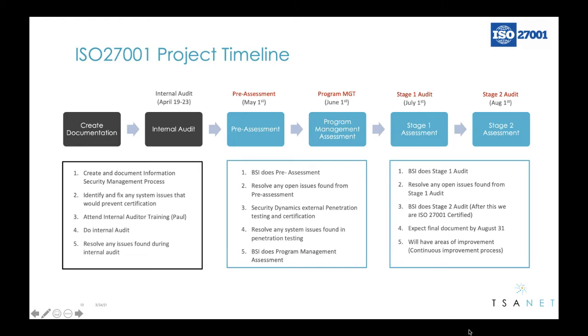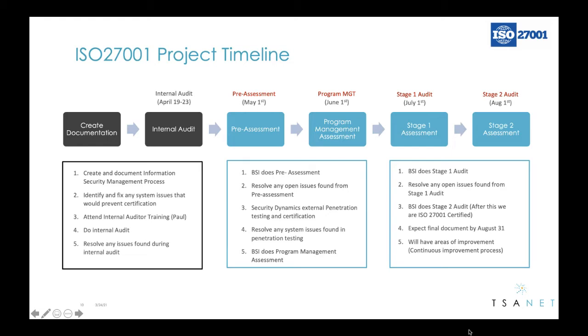And all of this is designed to get us our ISO 27001 certification by the end of August. And obviously along the way here, I highlighted in the next release, there's going to be a lot of time and energy devoted to making sure that the system is at the level where we can get that certification.